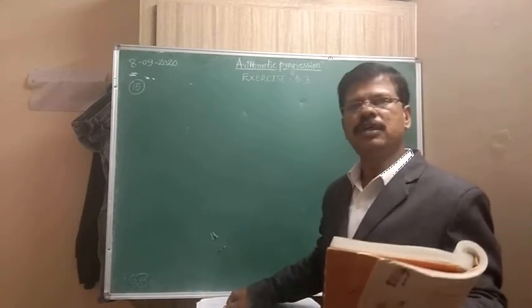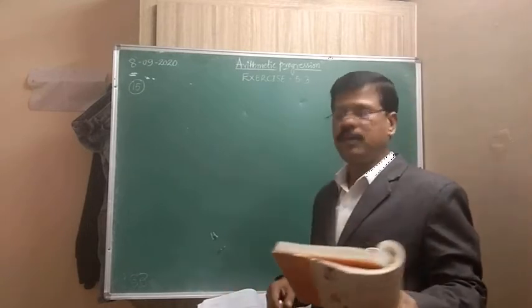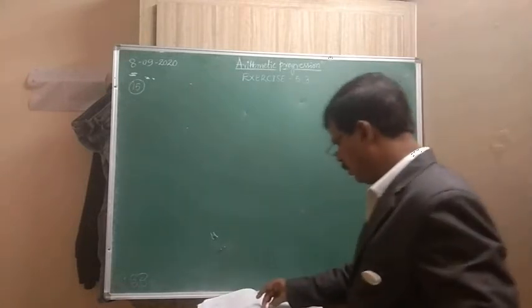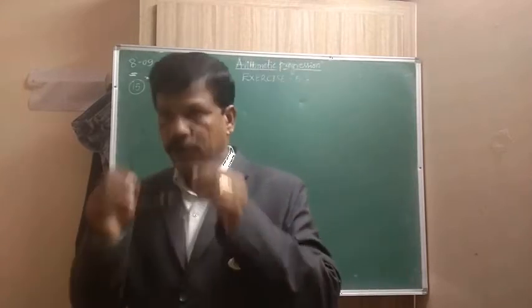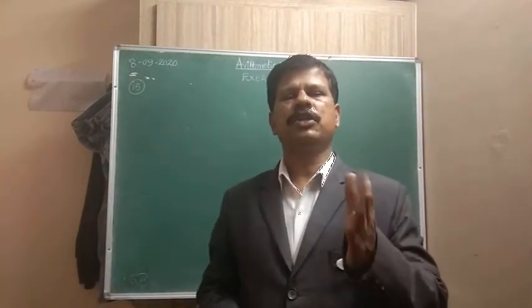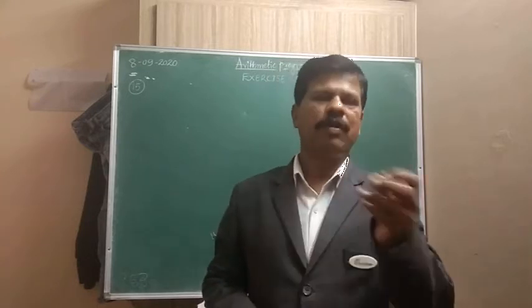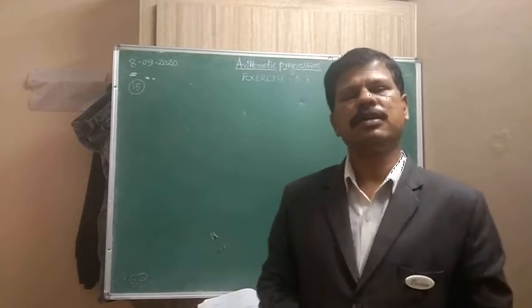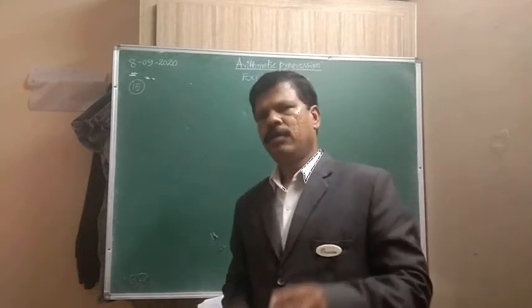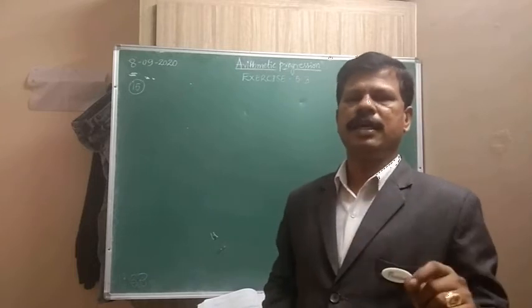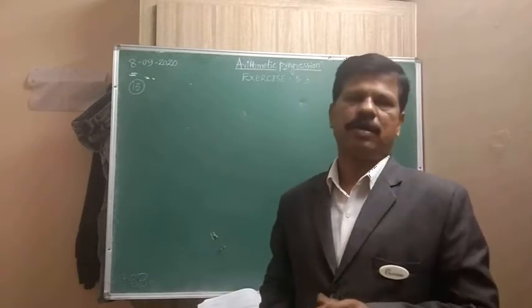Now, what is the meaning of this? First, analyze the question. For example, consider you are the contractor, you are constructing a given work. That means a job is given to you to construct some building and all. For that they fix the date. So within that date you should finish the work.